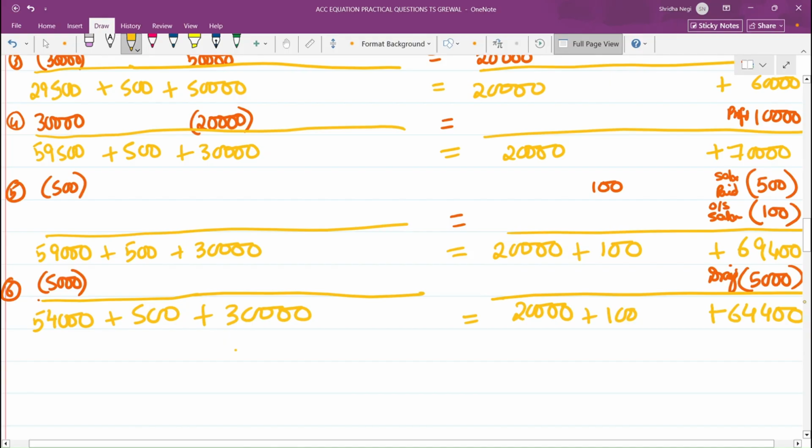Now let's total this up. तो यहाँ पे आ गया 84,500, and here also it will be 84,500. So your LHS is equal to RHS.